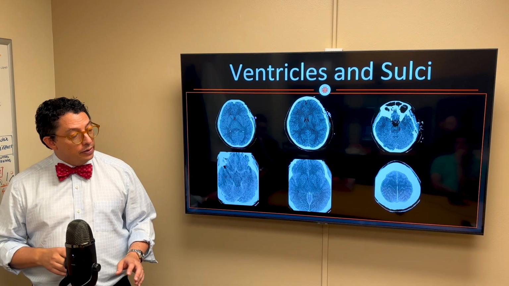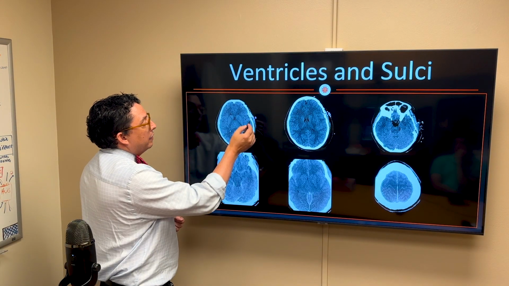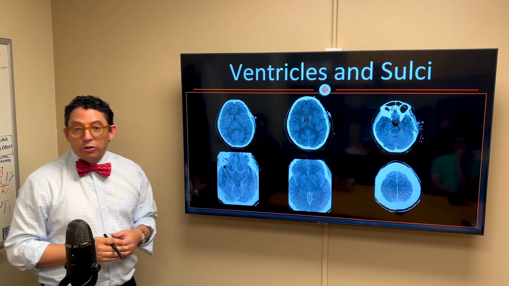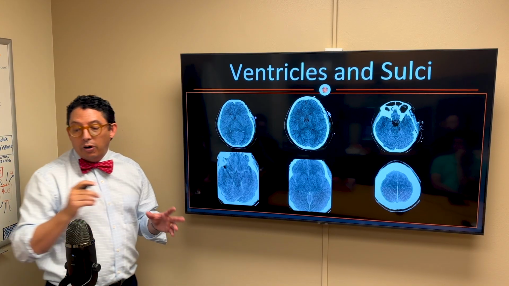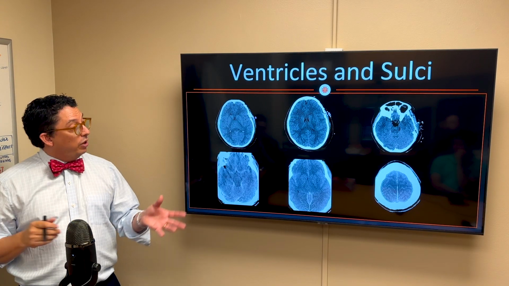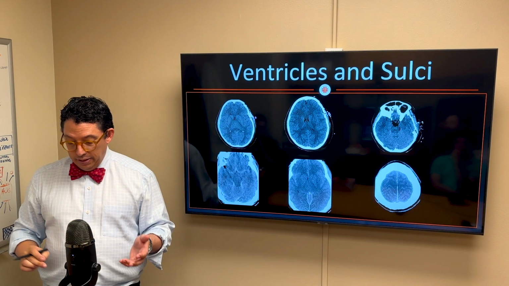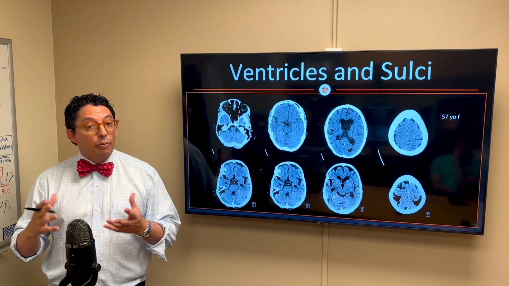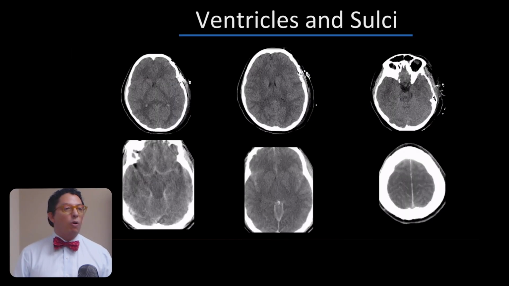In this other case, this is also a 57-year-old. You see that you can barely see the ventricles at all. You can barely see the sulci. The sulci are all effaced. So this is extremely abnormal. So the first case, the patient had prominent sulci and ventricles for his age, and this one is too small.